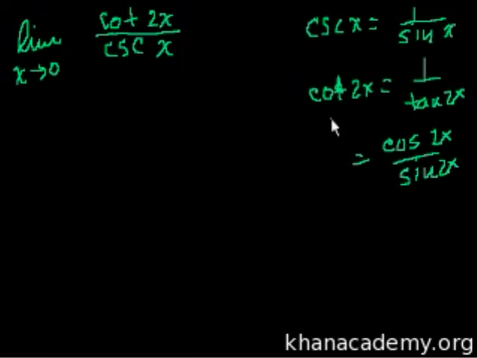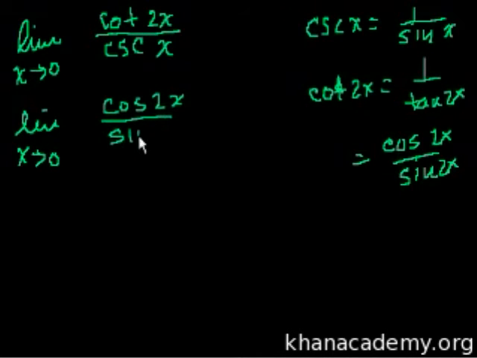Right? Okay. So what is this equal to? So this is going to be the limit as x approaches 0. Cotangent of 2x, we said, was cosine of 2x over sine of 2x. And then it's going to be all of that over the cosecant of x. Well, that's just 1 over sine of x.